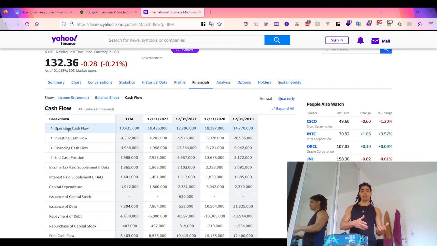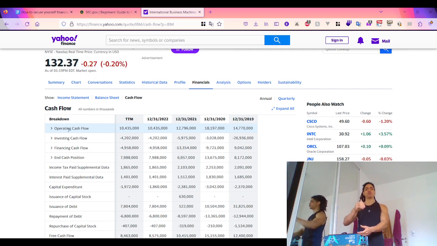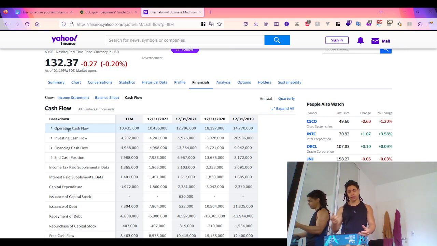Intangible assets like patents, exclusive rights granted to inventors so they can manufacture, distribute, and sell their inventions over a period of time.